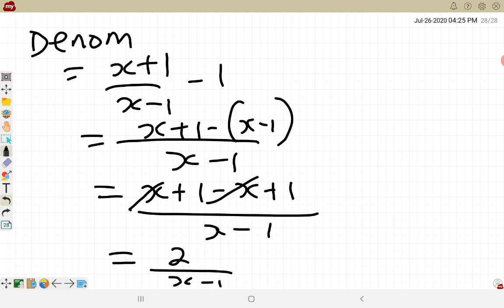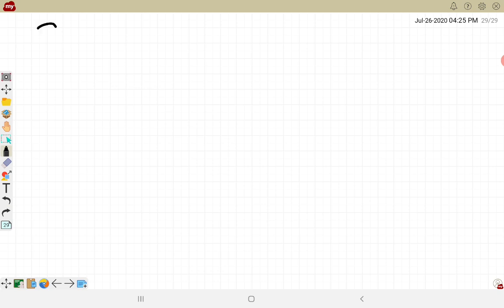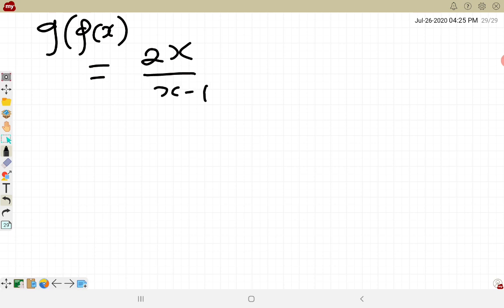Okay, so now substituting the simplification of the numerator and the denominator into the fraction, we are going to have g of x equal to numerator being 2x over x minus 1 divided by the denominator 2 all over x minus 1.